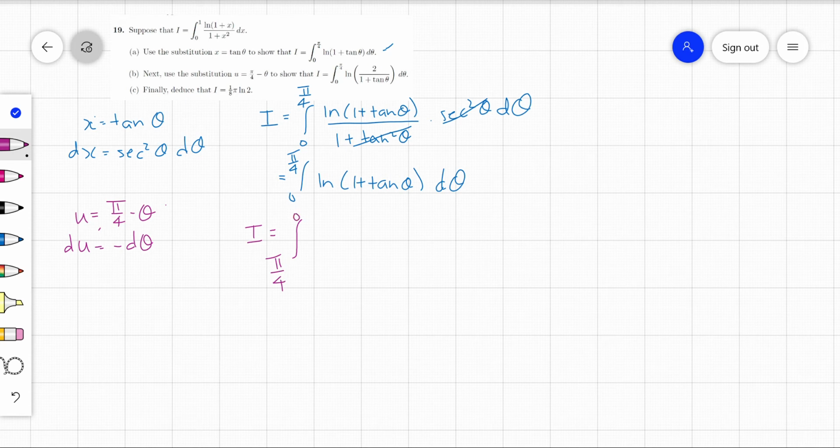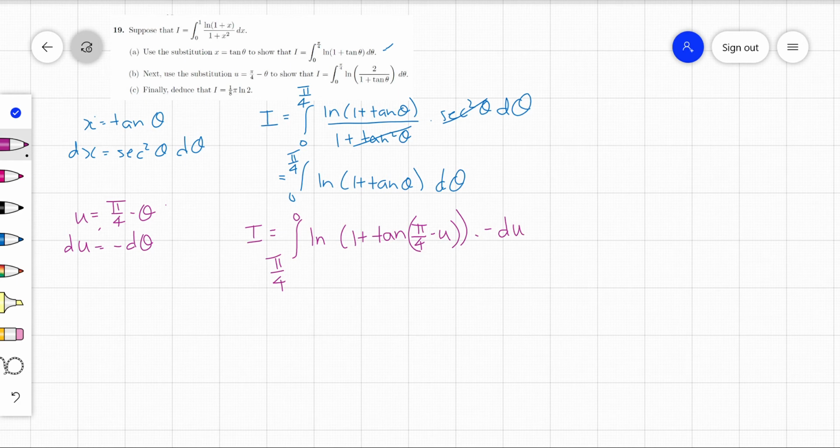Then I have log of 1 plus tan, and if I make theta the subject, I've got pi on 4 minus u, and then I've got d theta, which is minus du.